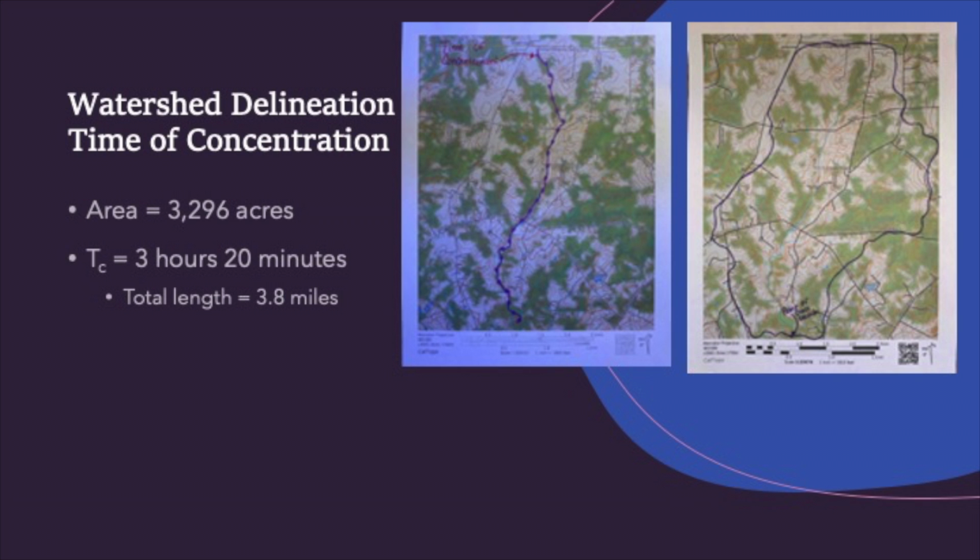Kirpich's method came out to be 131 minutes, while the NRCS method came out to be around 200 minutes, which is 3.3 hours. The NRCS method is a little more in depth. It allows for sheet flow, shallow channel flow, and of course open channel flow. So that time of concentration is the one that I used.